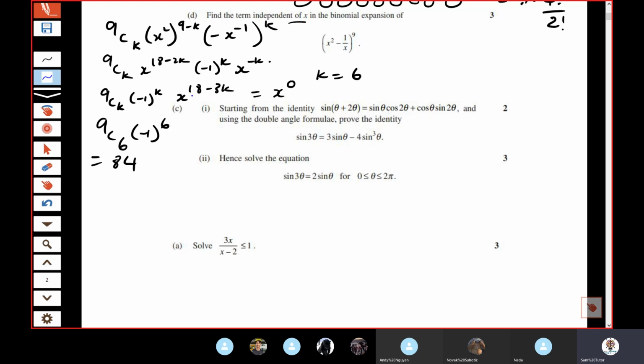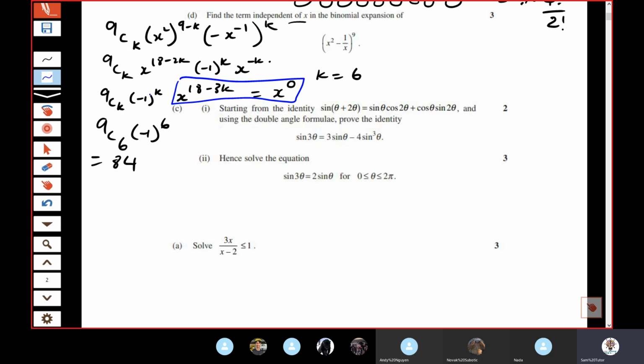Where did k equals 6 come from? You're solving this. 18 minus 3k technically would equal x to the 0. How come I didn't sub it into the original? You just sub it into this formula you just created. K is 6, 9C6, negative 1 to the 6.